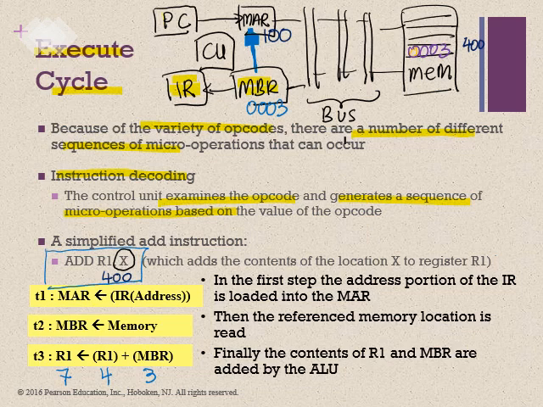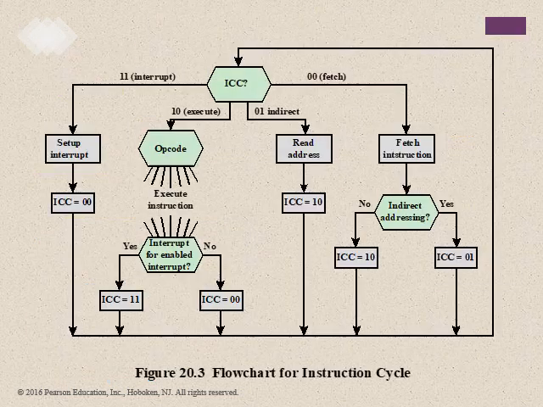Even add has many forms: add register, add register memory, add memory register, add memory memory, add memory immediate. So for this one, Add R1, X, these are the micro operations. So the execute cycle is complex because different opcodes will have different sequences of micro operations.